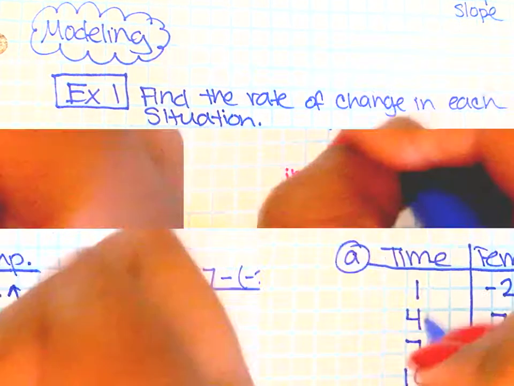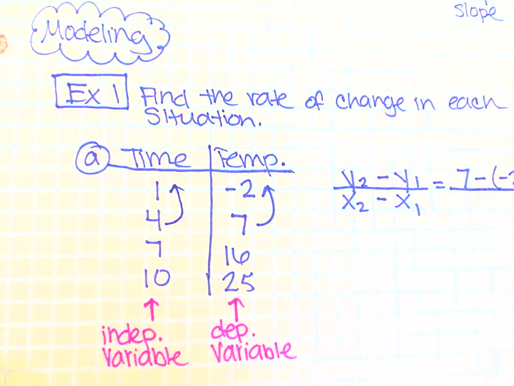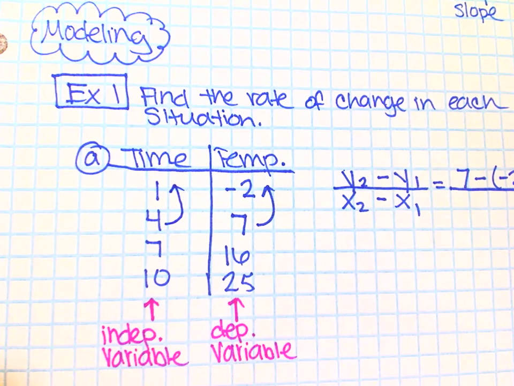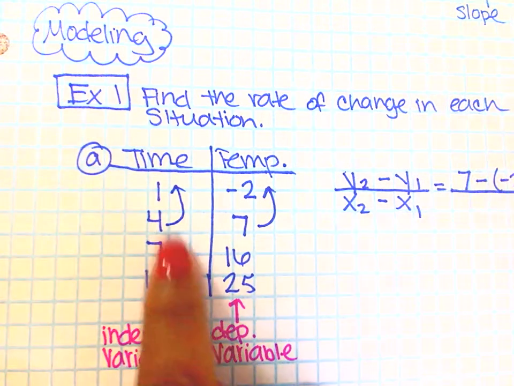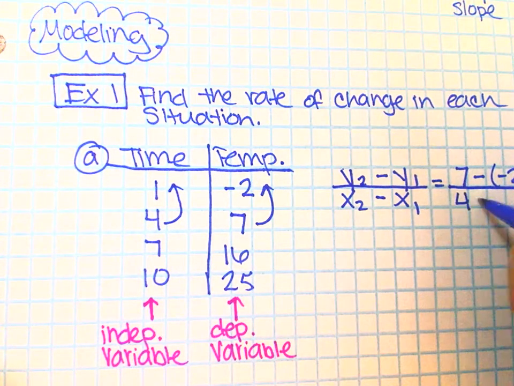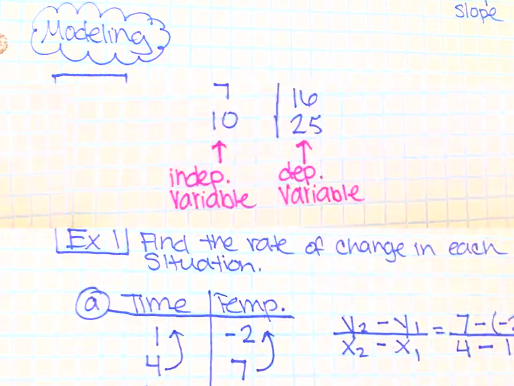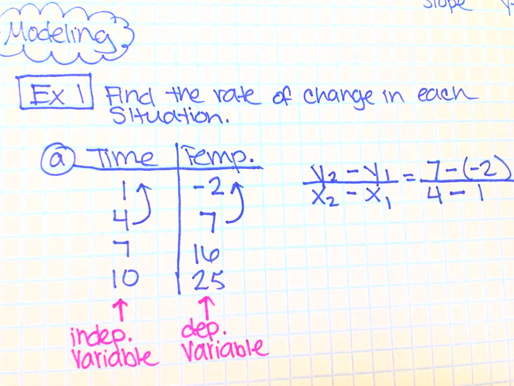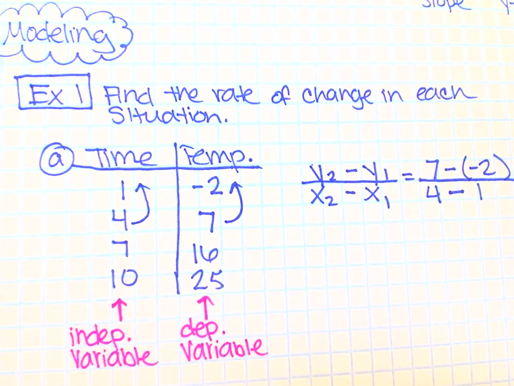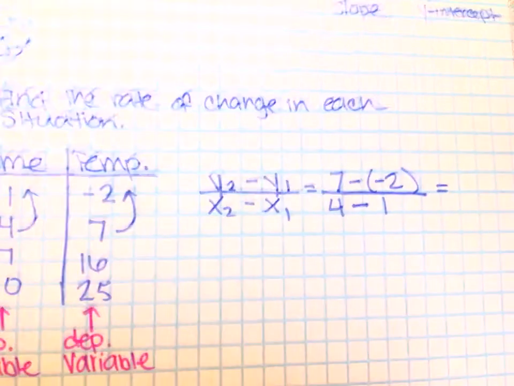And now I need to find the rate of change between 4 and 1 in my independent variable. So then I plug it in. 4, the second one, minus 1. And now I can solve. So what is the rate of change?